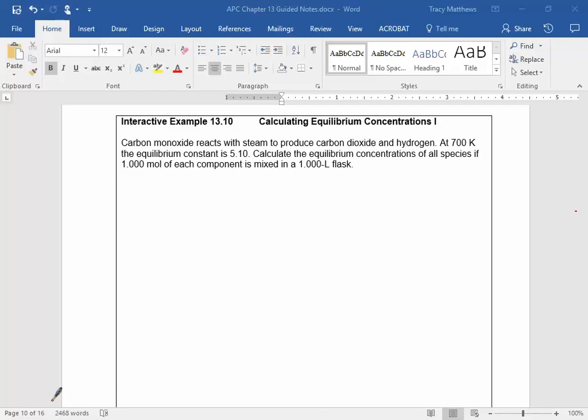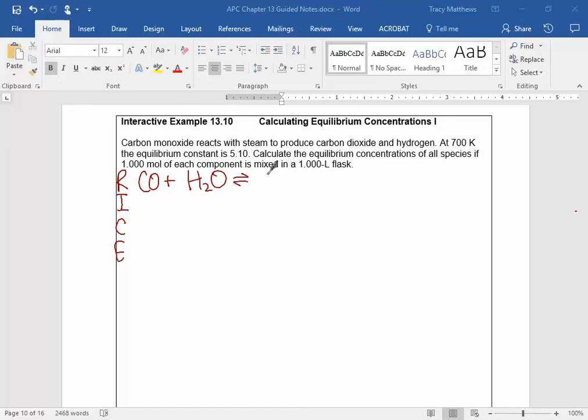So let's write out the reaction. What are my reactants for this problem? This should be real easy because you already have it written out. And how do I write carbon monoxide? CO plus H2O.